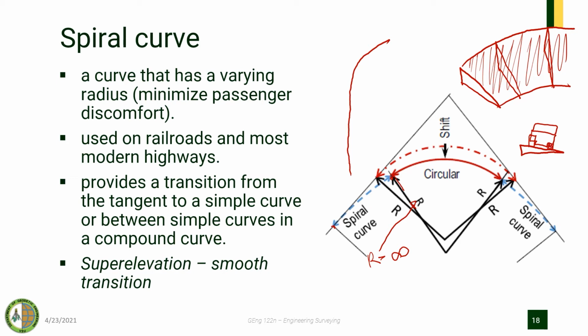This super elevation helps the vehicle change its direction. So physics, right? Another term for this is banking curve. So just try to search for this one, okay?